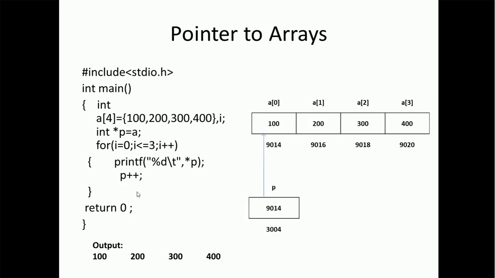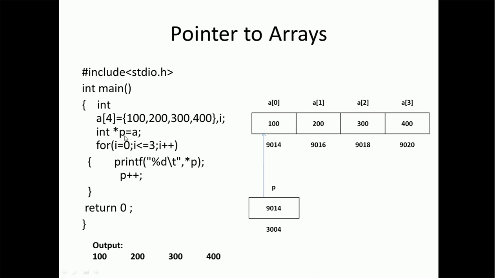Now, how to use a pointer to arrays? I have represented it here through a small program. There is one declaration for an array which has 4 different values, 100, 200, 300, 400. This is the pointer to the integer, and we are assigning the base address of this array a, or we can say the address of the first element of array a.